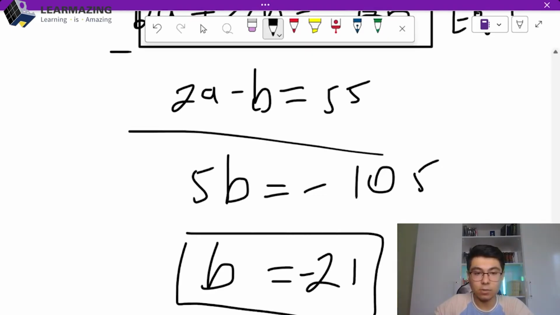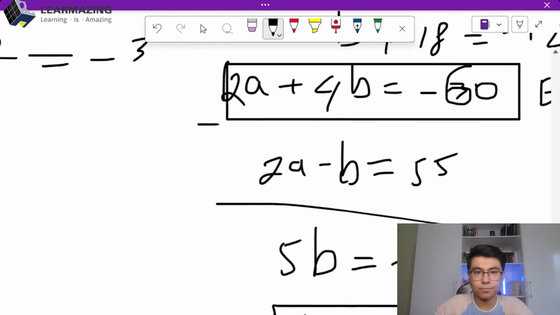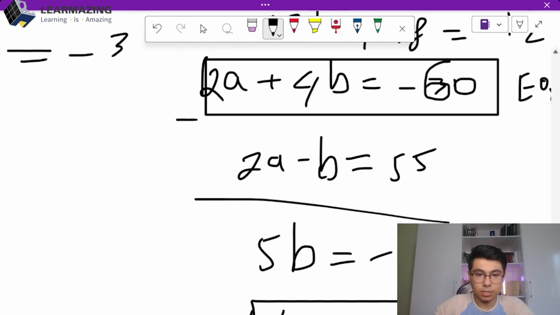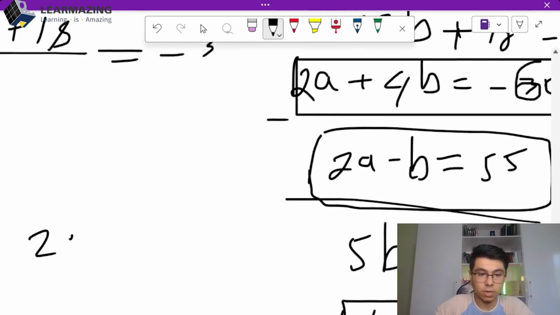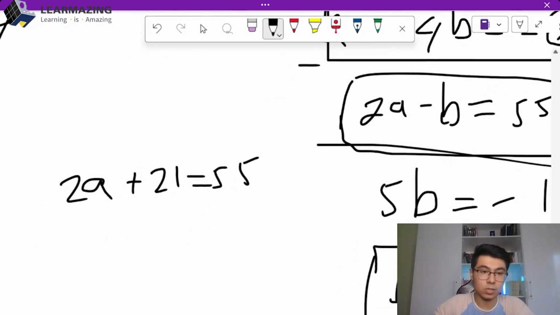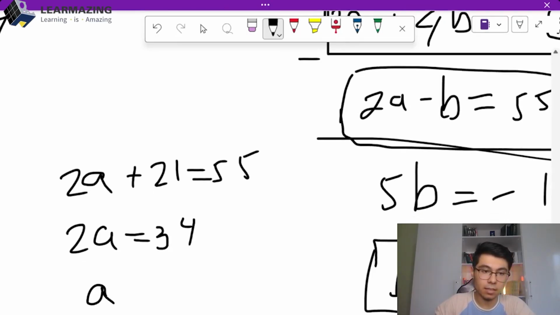And we found B, now we should find A. Let's put it in this equation. So that would be 2A plus 40 plus 21 equals 55. So we can subtract 21 from both sides, so we get 2A equals 34 and A equals 17.